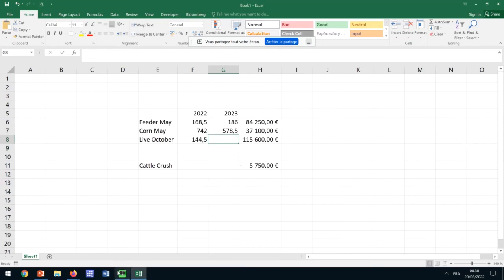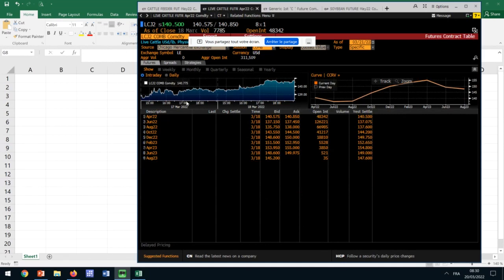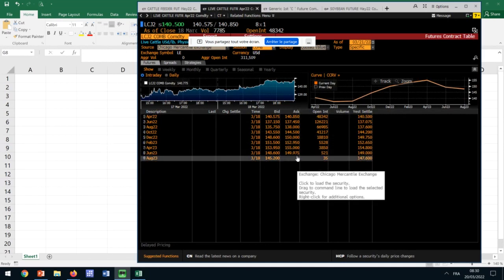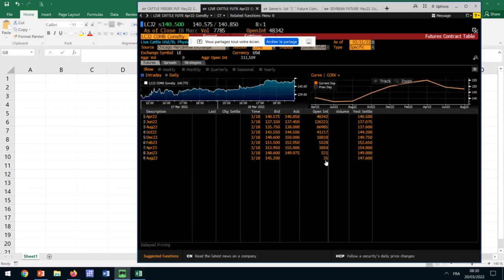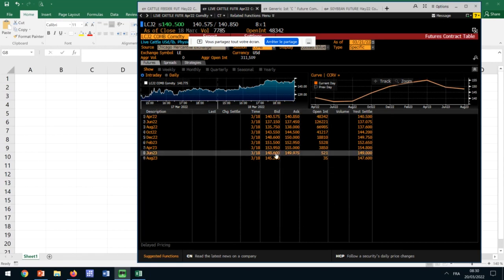And then we have the live contract. We said we use the last one as we don't have an ask here, so let's take the bid then. 145. Only 35 contracts being transacted here. The bid-ask spread is not so high.